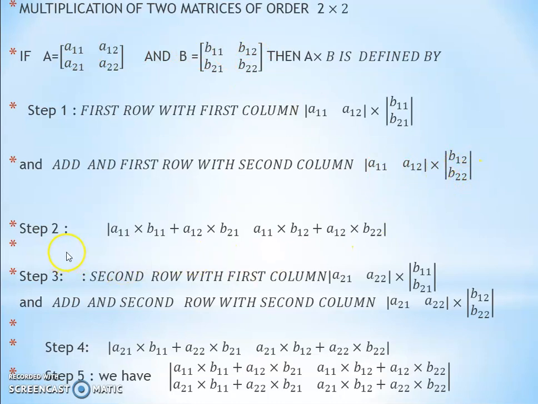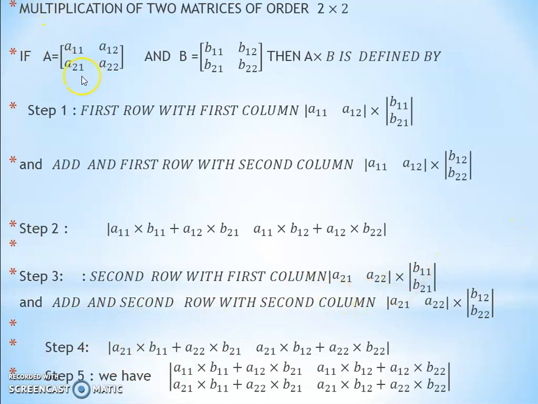Then step number 2 is important. We have to multiply a11 into b11 plus a12 into b21. Middle gap is there. a11 into b12 plus a12 into b22. So now the first row of A into B is completed. Step number 3: second row with first column and second row with second column.